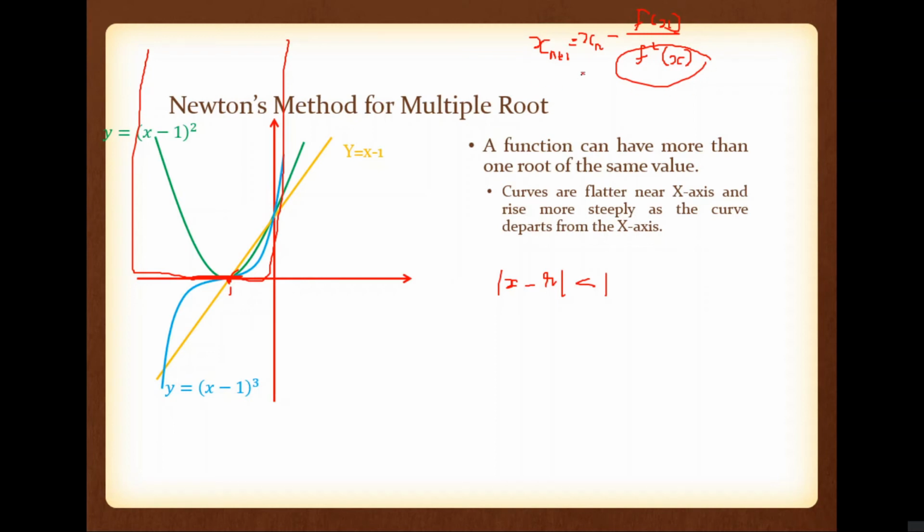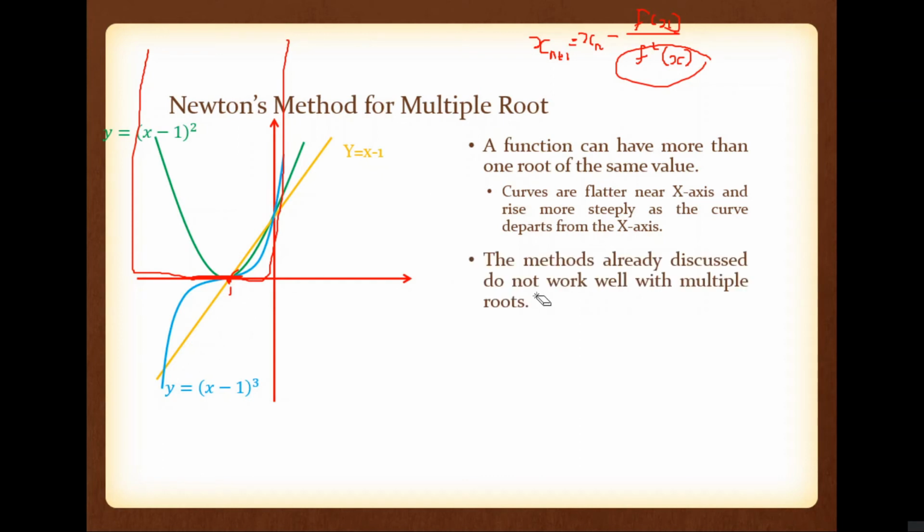This method will then take a large number of steps to converge. That is why Newton's method becomes linear if it has a multiple root. Please note, with multiple roots, Newton's method becomes a linearly converging method. That is a disadvantage of Newton's method.